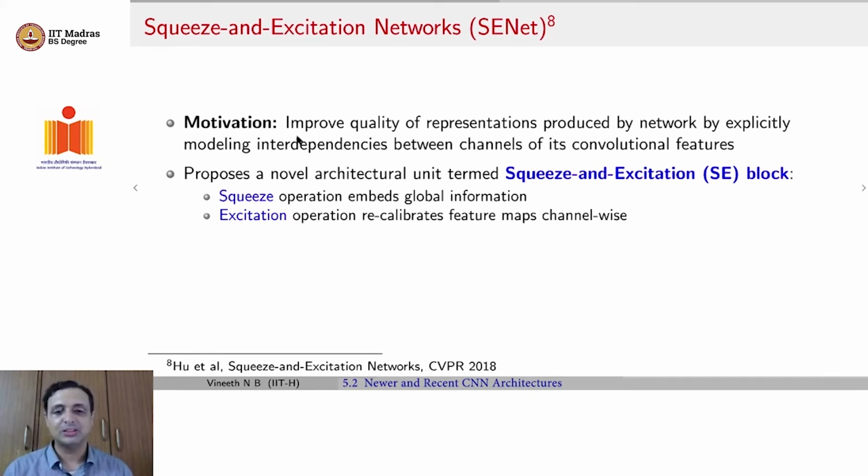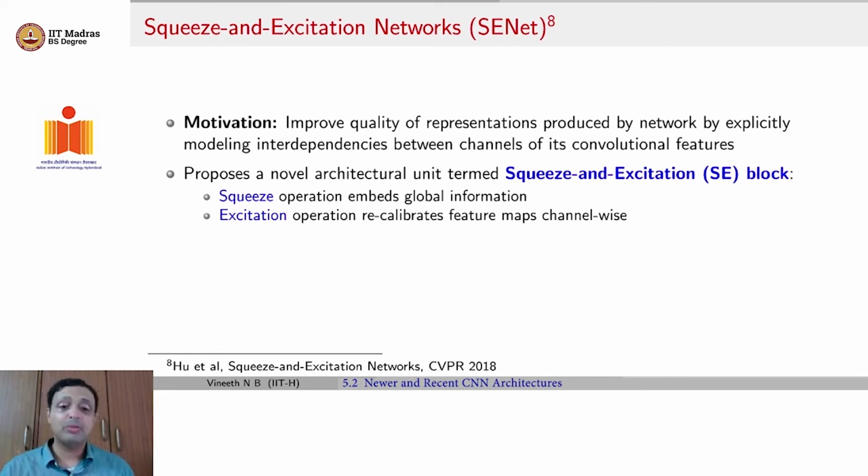The main motivation of this approach was to improve the quality of the representations, which means representations of a CNN are the outputs or the certain feature maps of certain layers in the CNN. They wanted to improve those feature maps by modeling interdependencies between channels in each convolutional layer.